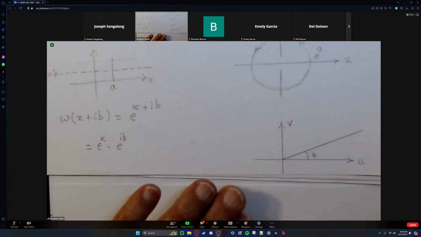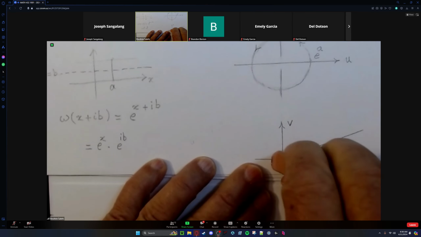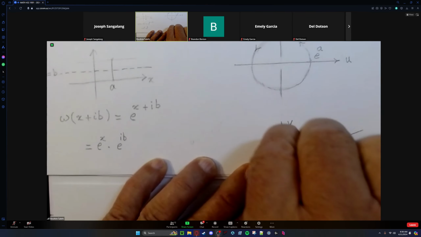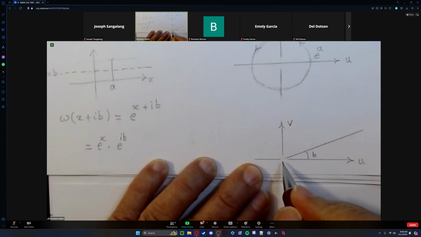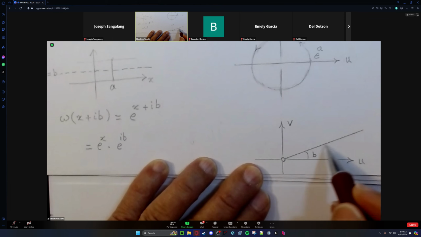Of course, it doesn't cover 0 because e to the z can never be 0, right? Maybe I should just put a little circle here, making sure that this is the ray.